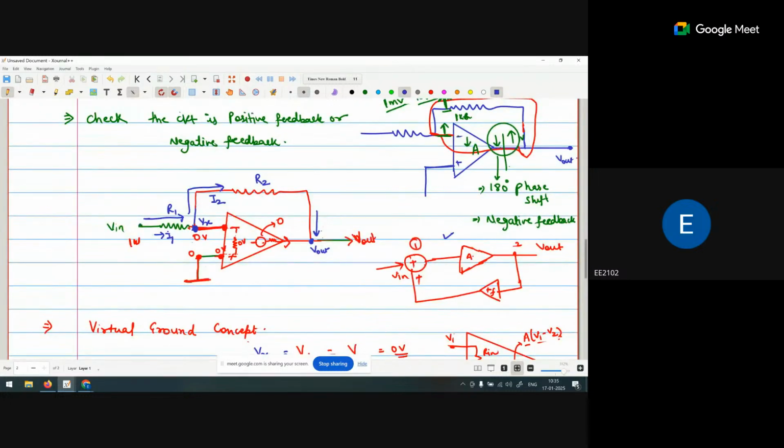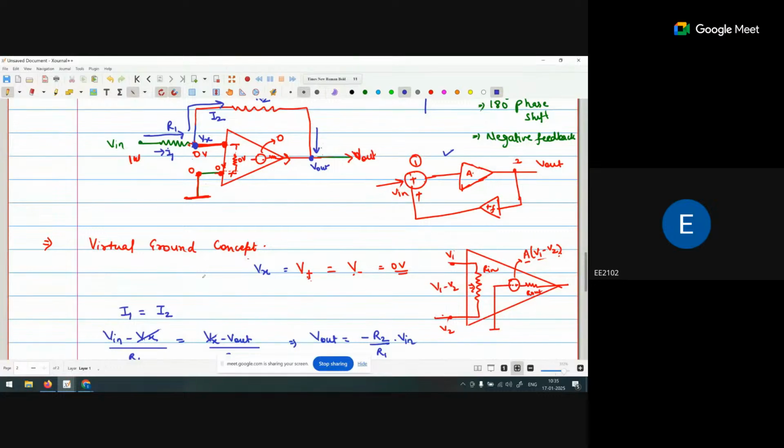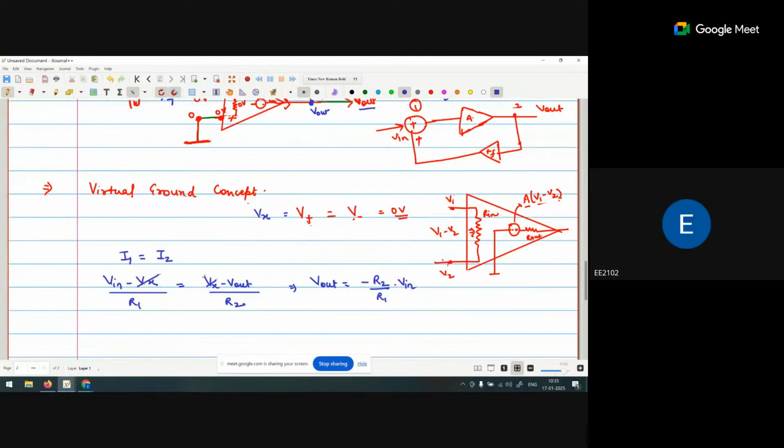So the input voltage applied at the negative terminal gives the output voltage with a negative sign. This R2/R1 is nothing but the gain A. So Vout is equal to minus A times Vin.